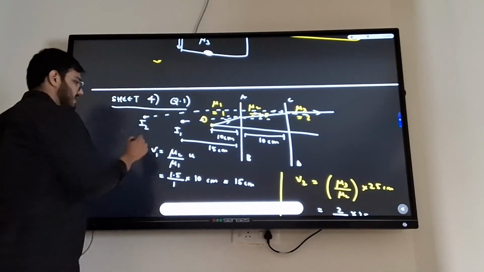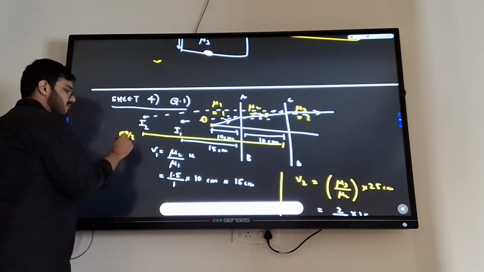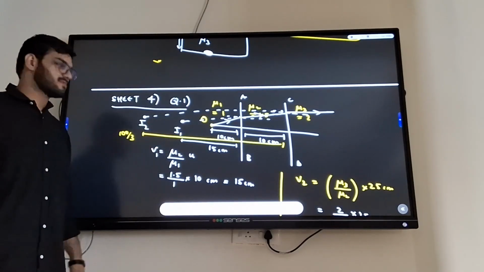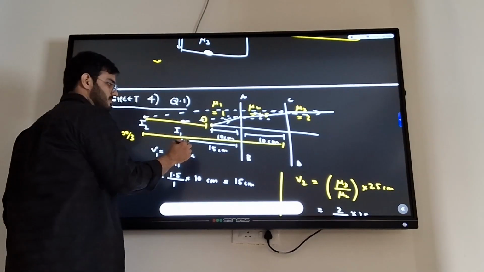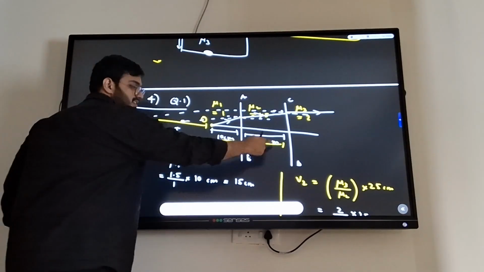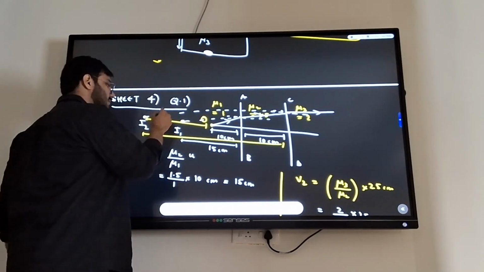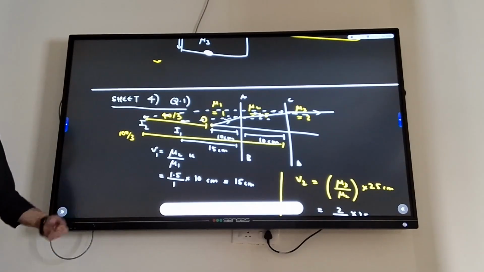If I were to find it with respect to O, if the question asks with respect to O, what should it be? It should be 100 by 3 minus 20. What will that give me? 40 by 3. Yes. Simple question.